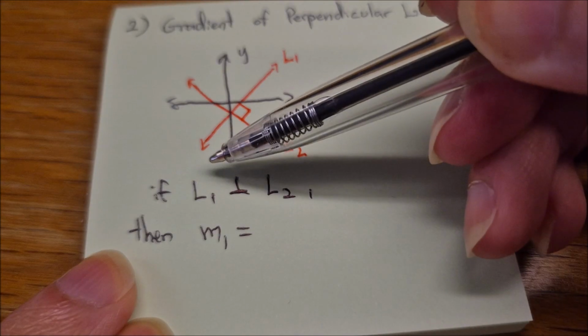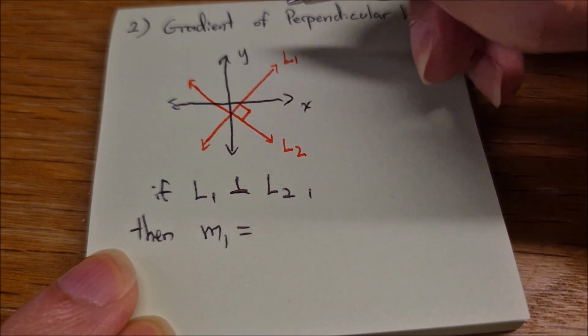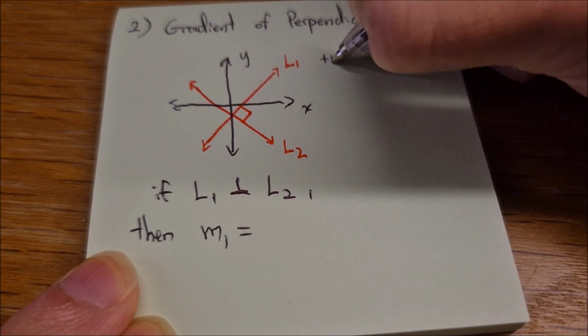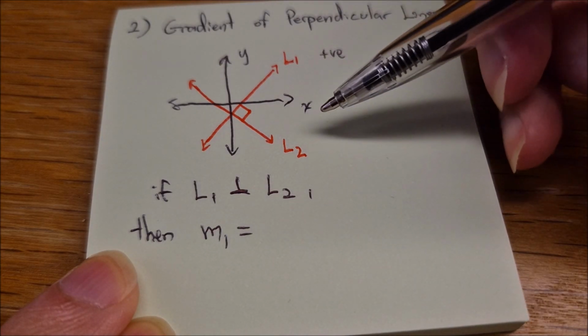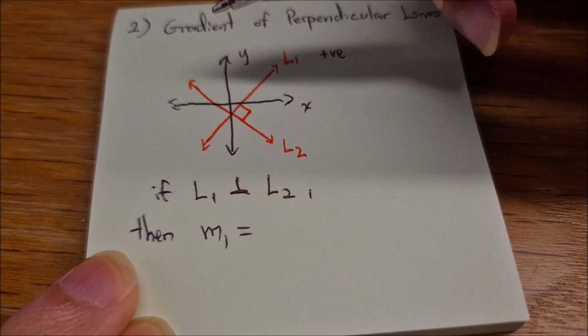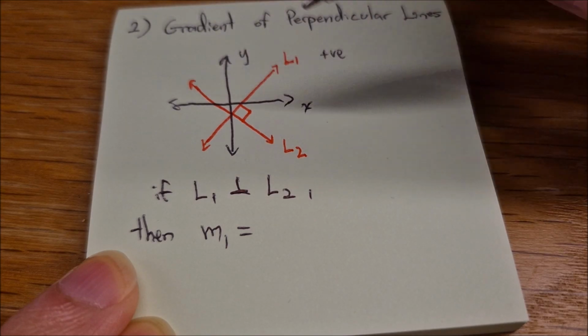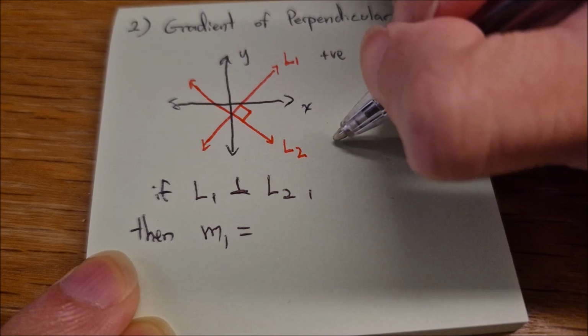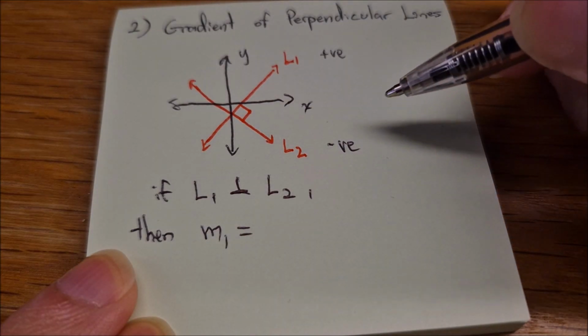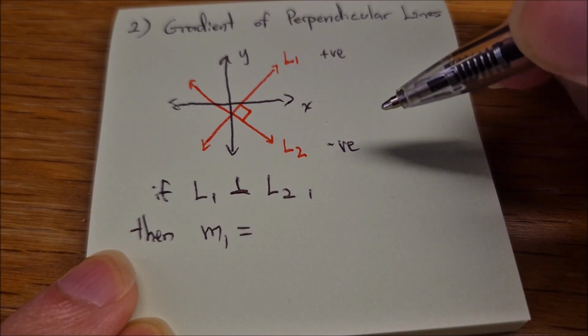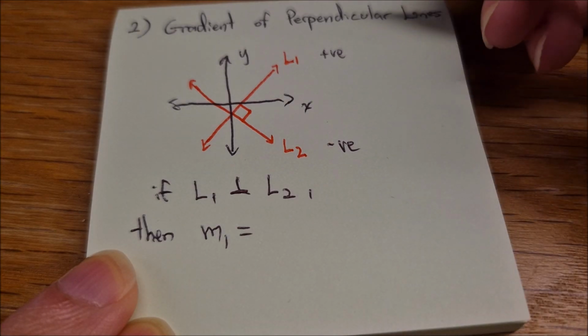It's from the bottom left to the top right, and that is a positive gradient, whereas the direction of line 2 is the opposite, so it's the top left to the bottom right, and remember that's a negative gradient, and so the direction of these gradients will be opposite.